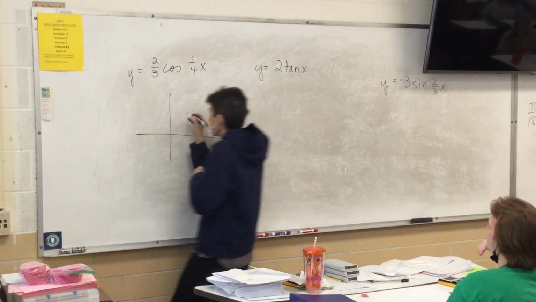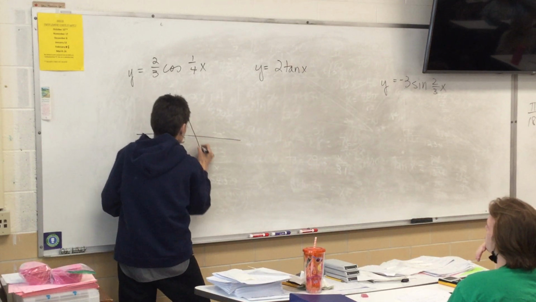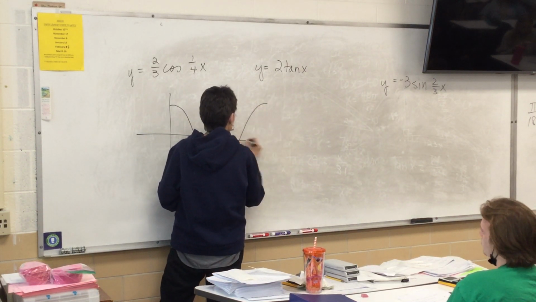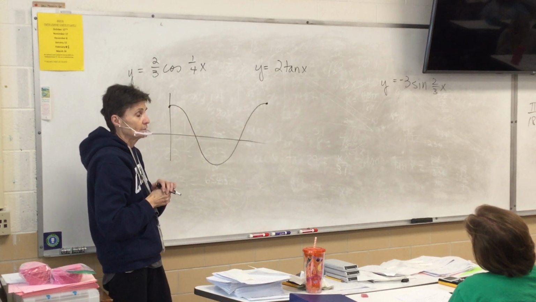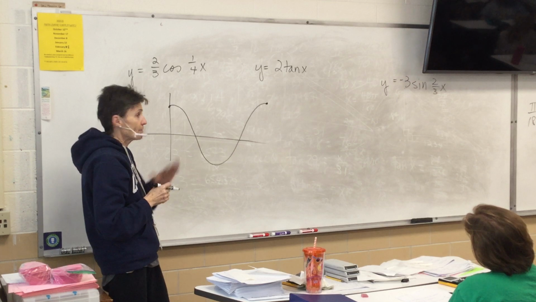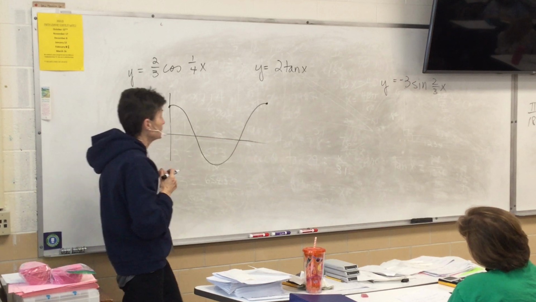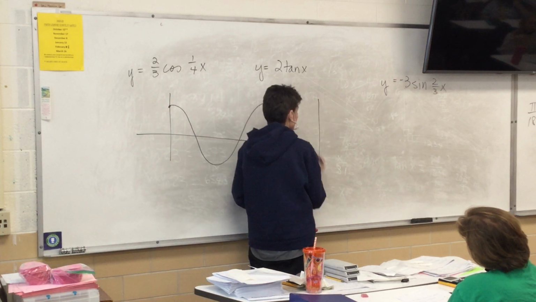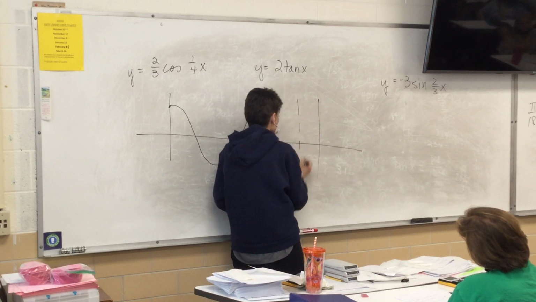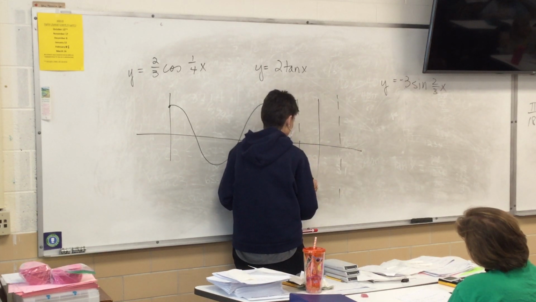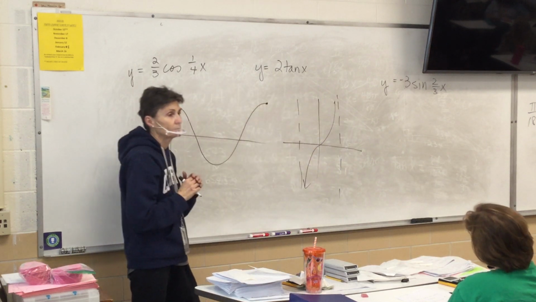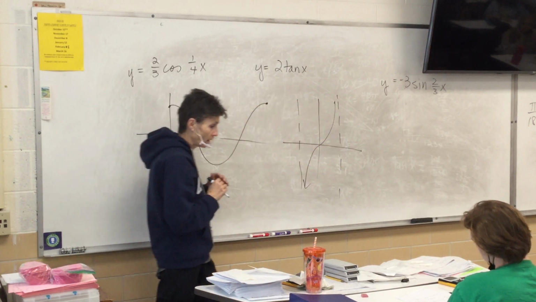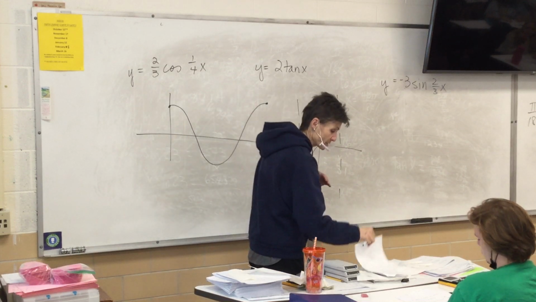So start the guy up here, he comes down and back up to the top, and then he stops right there on the other side. That's a cosine shape. Now the tangent is totally different. The tangent has an asymptote and an asymptote and a squiggly line through the origin, right? That's the tangent. We're going through this backwards.